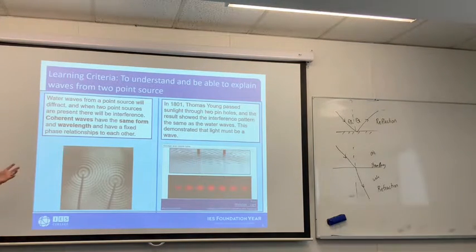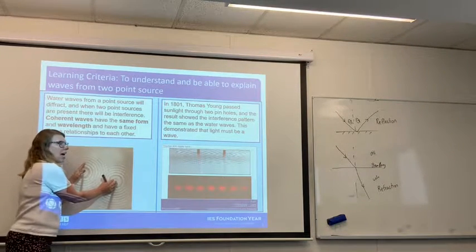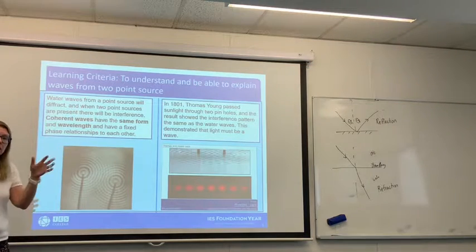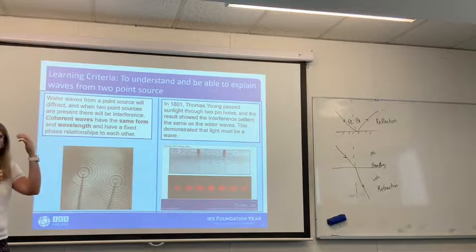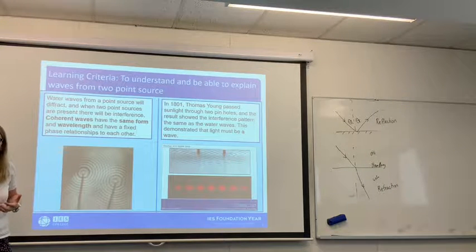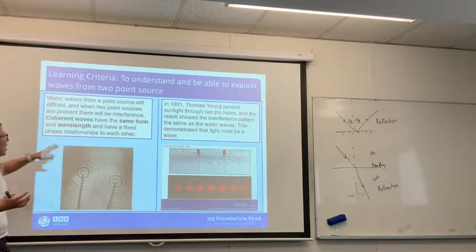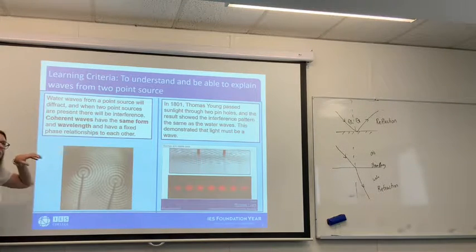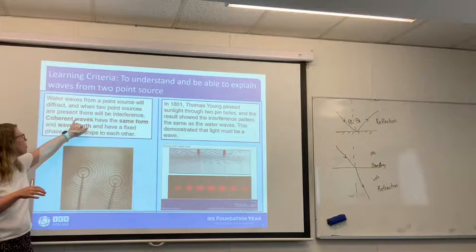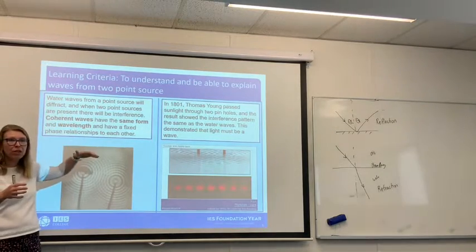So coming back to some more language before we keep moving on, this idea of waves undergoing interference isn't new. Last week we talked about the idea that waves will interfere with each other and will have constructive and destructive interference. Now, coherent is another piece of vocabulary.